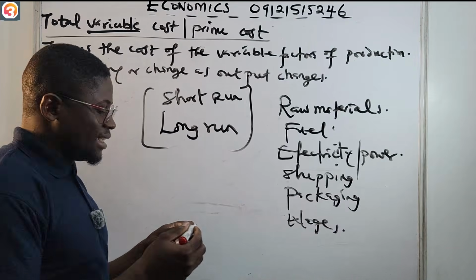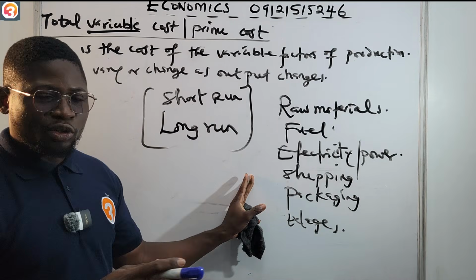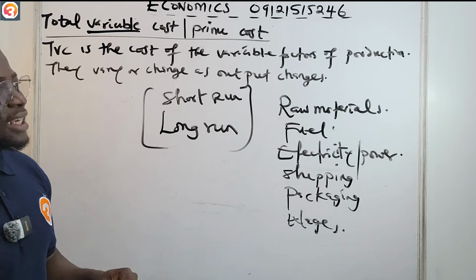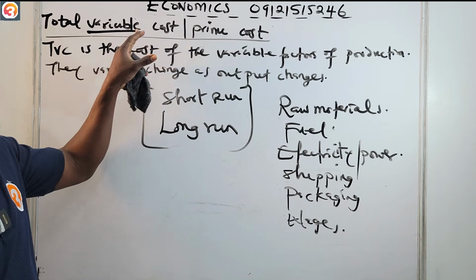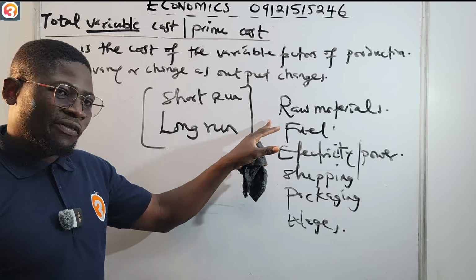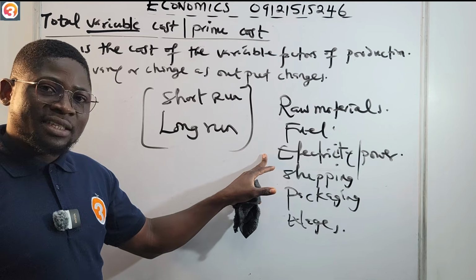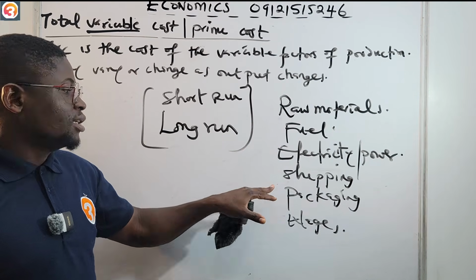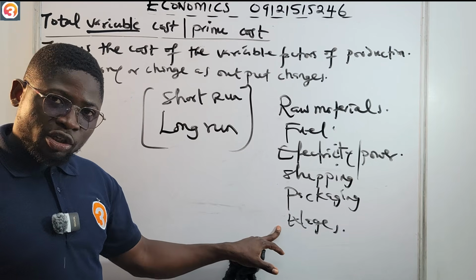All of these are variable factors of production. So examples of total variable cost will be the cost of raw materials, cost of fuel, cost of electricity or power, cost of shipping, cost of packaging, cost of wages.